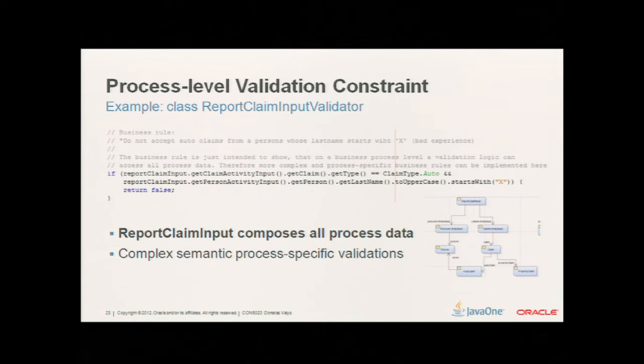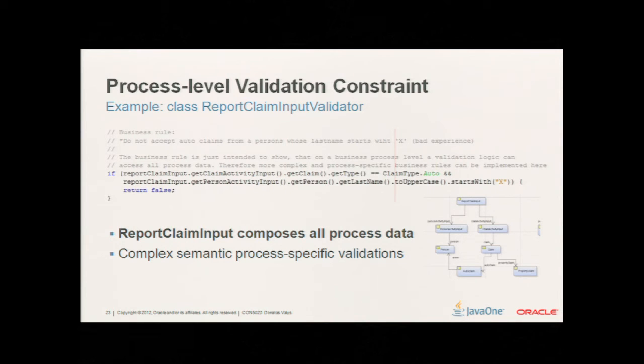A process normally composes all data, so when we send the data, it contains all data required for the process. So we can implement here, in this example, a business rule that we do not accept auto claims from a person whose last name starts with X. It's not a real case, but it shows that, having process data, we can access all the data contained in it.